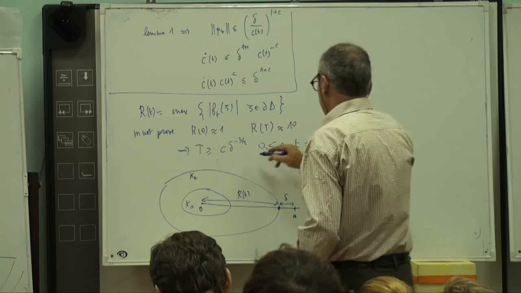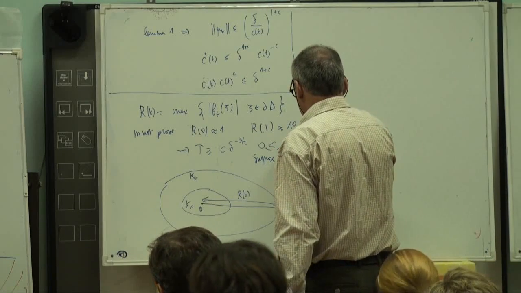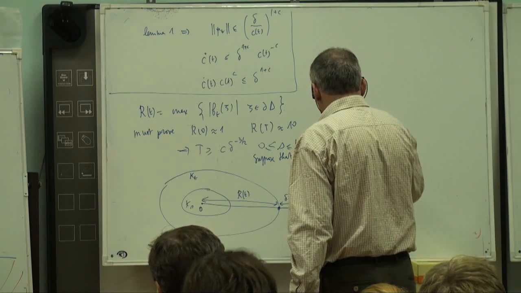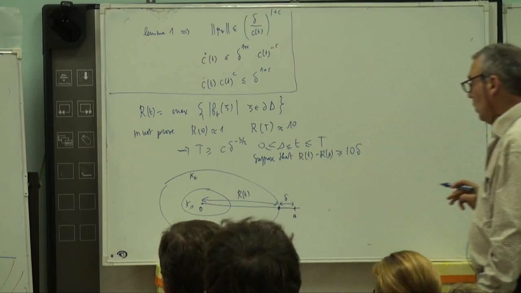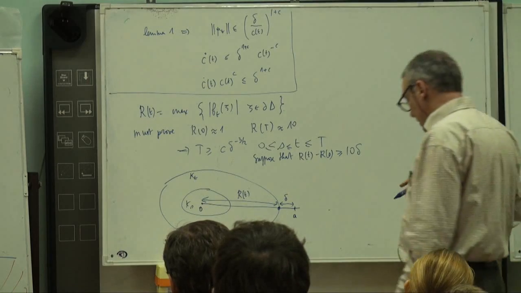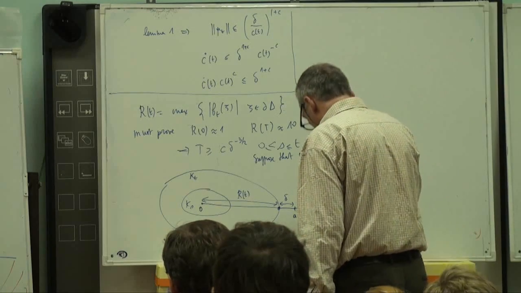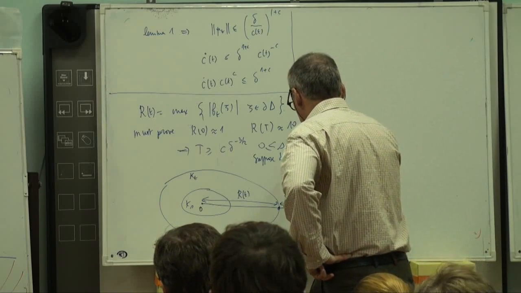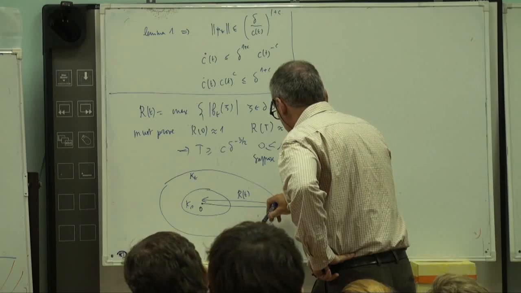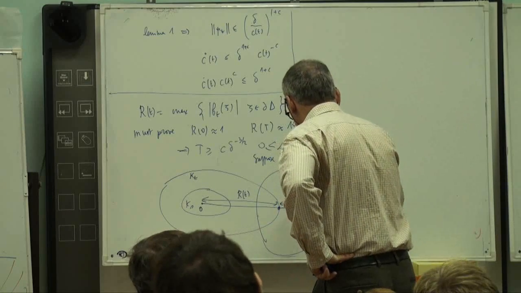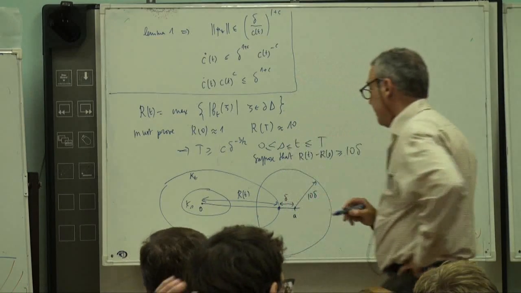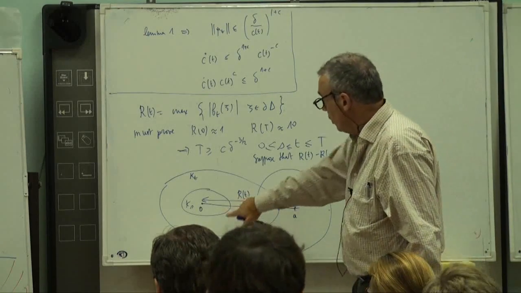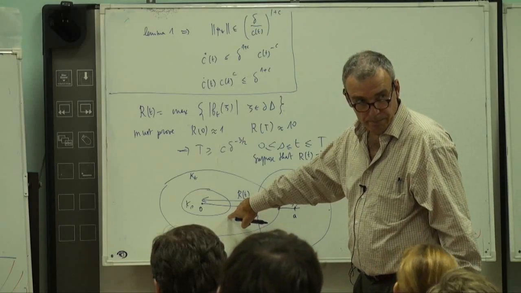Now suppose that r of t minus r of s is greater than 10 delta. Now we draw the circle of center A and radius 10 delta. Well, the picture is wrong, but this will be 10 delta. And since we have assumed this, the circle does not hit K_s.